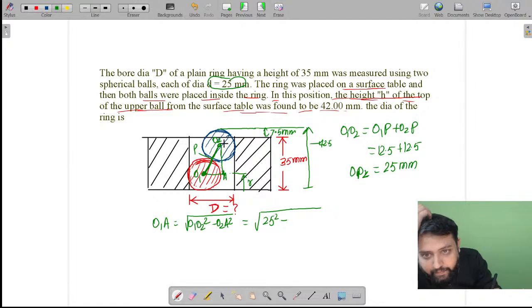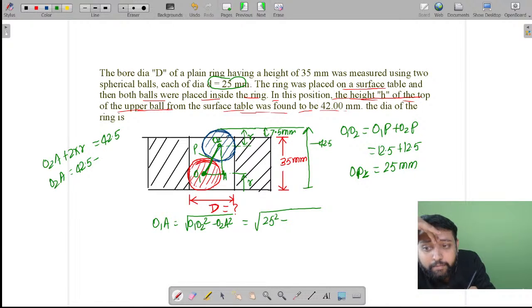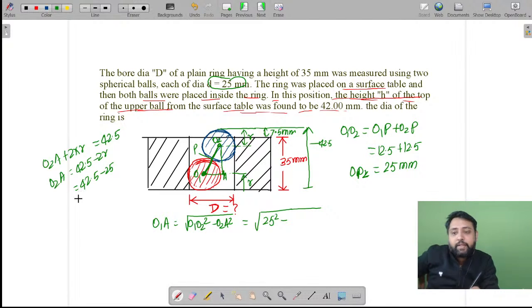So if this is R value and we have to find O2A, and this much is also R only, here O2A plus 2 times the R of the two balls must be equal to 42.5, or O2A will become 42.5 minus 2R, that is 42.5 minus 25, and this is going to be equal to 17.5 mm.